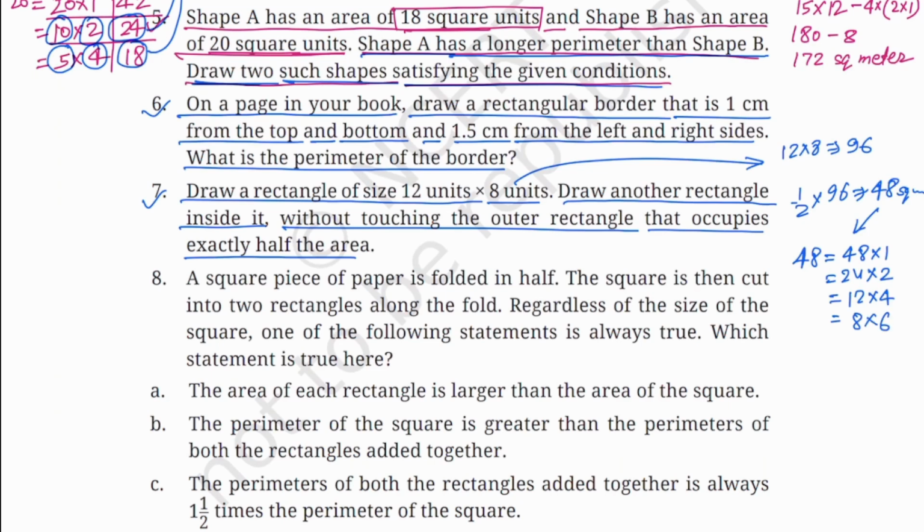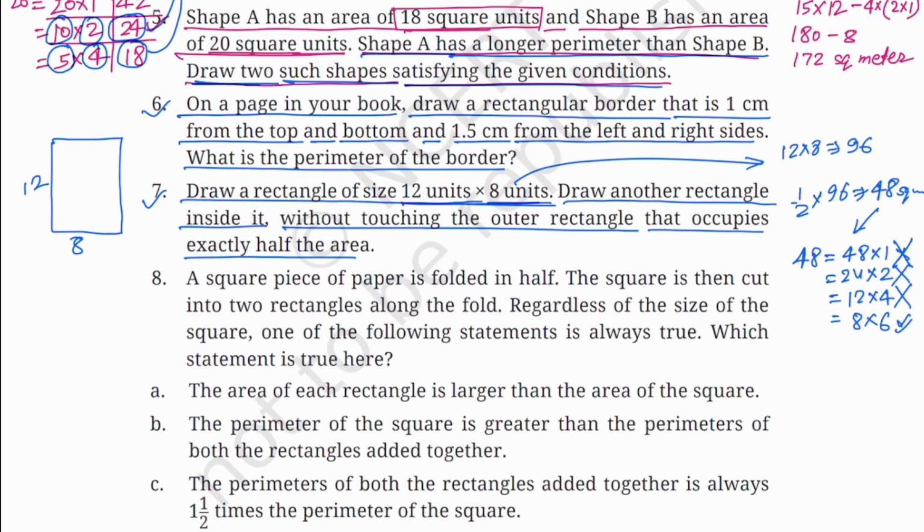Since the bigger rectangle has dimensions 12 and 8, you can't make a rectangle without touching its boundary with dimensions 48 into 1, 24 into 2, 12 into 4, as it will cross or touch the original rectangle having dimension 12 units into 8 units.